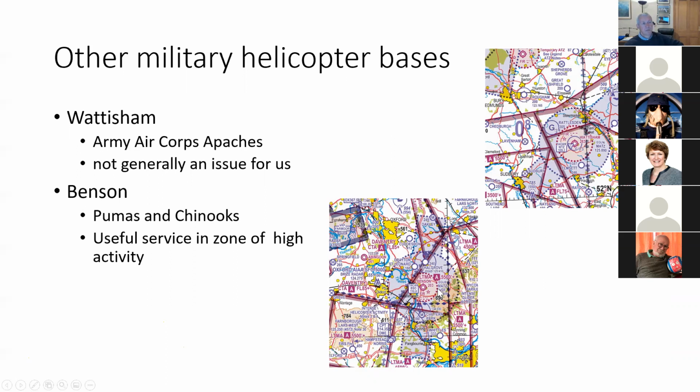Benson, Pumas and Chinooks have come up, their Air Force. They are quite good at providing a service for this Oxford area of intense aerial activity. So if you've got a transponder, it's probably worth talking to Benson. You'll get decent traffic information, and there's a lot of stuff coming through this area.